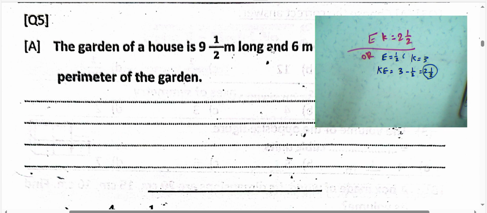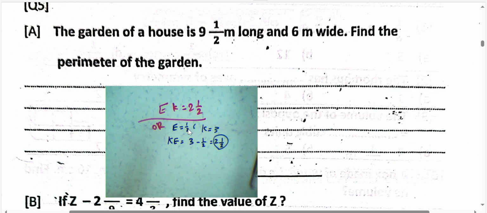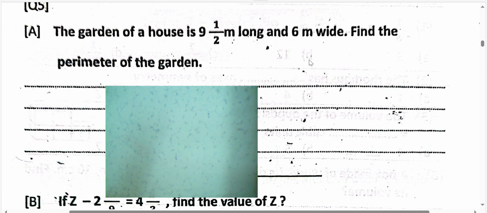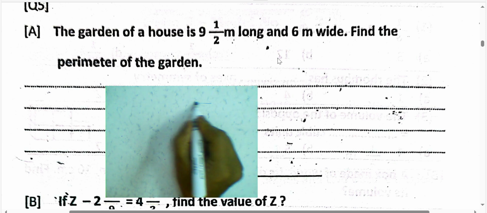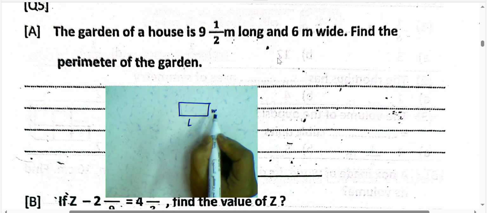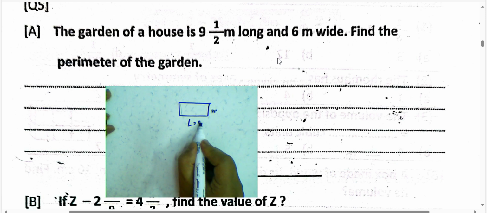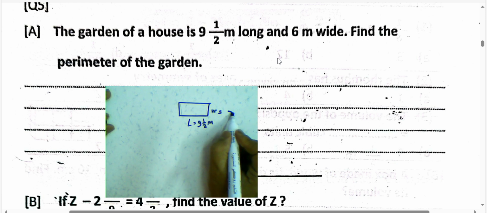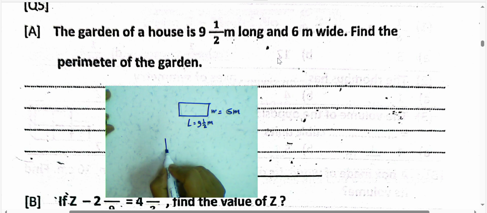Next question number 5. A garden of a house is 9.5 meters long and 6 meters wide. Find the perimeter of the garden. We have here length and width. The length was 9.5 meters and width equals 6 meters. Find the perimeter.